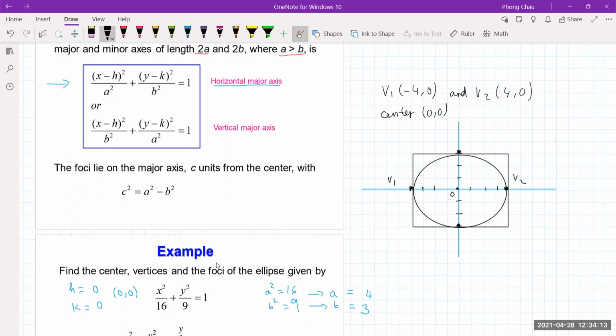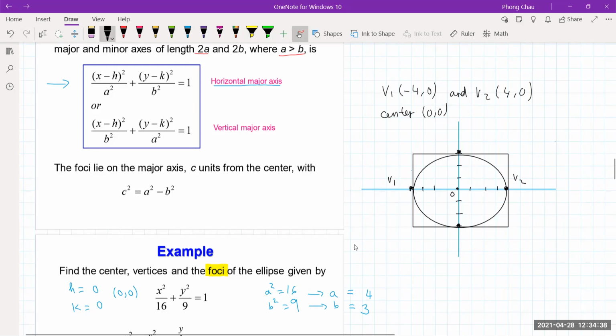Now, how do we find the foci, right? So that's important. So the foci, you have to figure out the C, right? C is the number of units from the center. That's where we find the locations of the foci. So in order to find out, we're going to use a formula here.